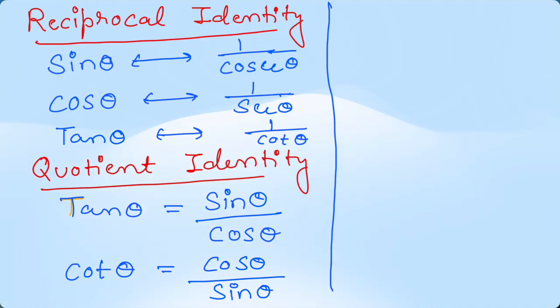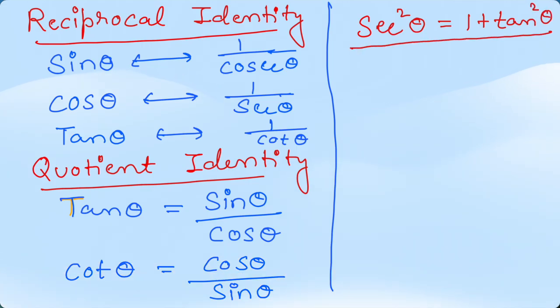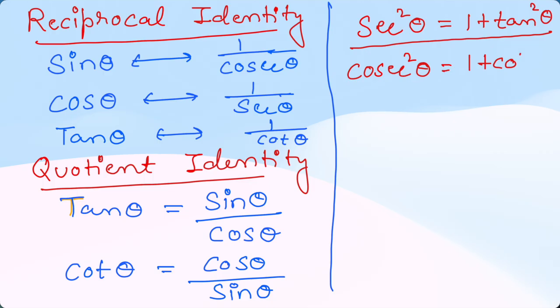Now we have to learn one more identity that is known as the unit identity, or we can call it the relation between the tan and the sec. Very, very important, that sec square theta can be written as 1 plus tan square theta. And cosec square theta can be written as 1 plus cot square theta.